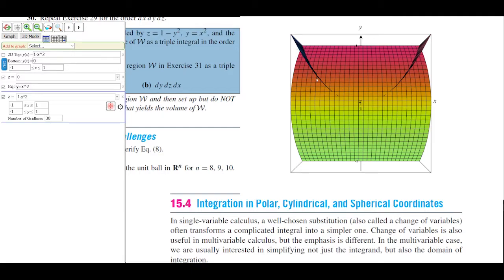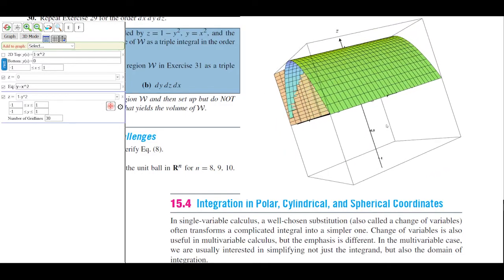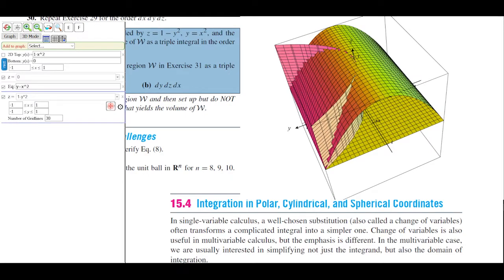Y equals x squared is this, and then z equals 0. So you can see that if we smush this into the xy plane, really it's this parabola, y equals x squared, that sort of cuts everything off in the xy plane. So if we were to smush this region down, then the region within here is the region within this parabola.